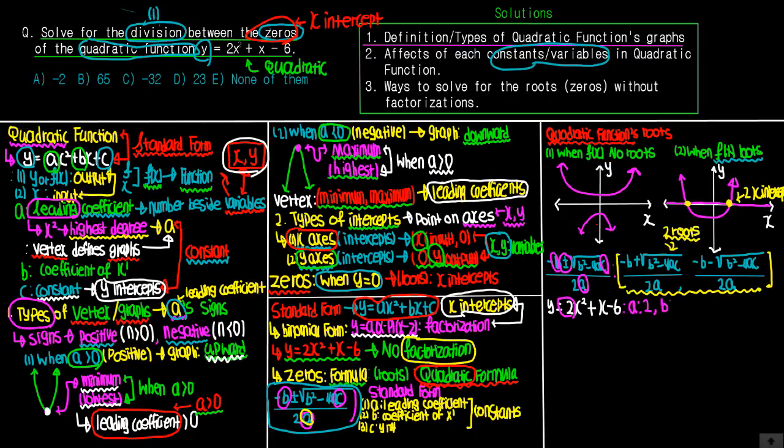What is b, the coefficient of the x to the first power term? There's nothing, which is the same thing as 1. What is c, our y-intercept, the constant? It will be negative 6. So these are the 3 things we had to figure out in order to apply our quadratic formula.